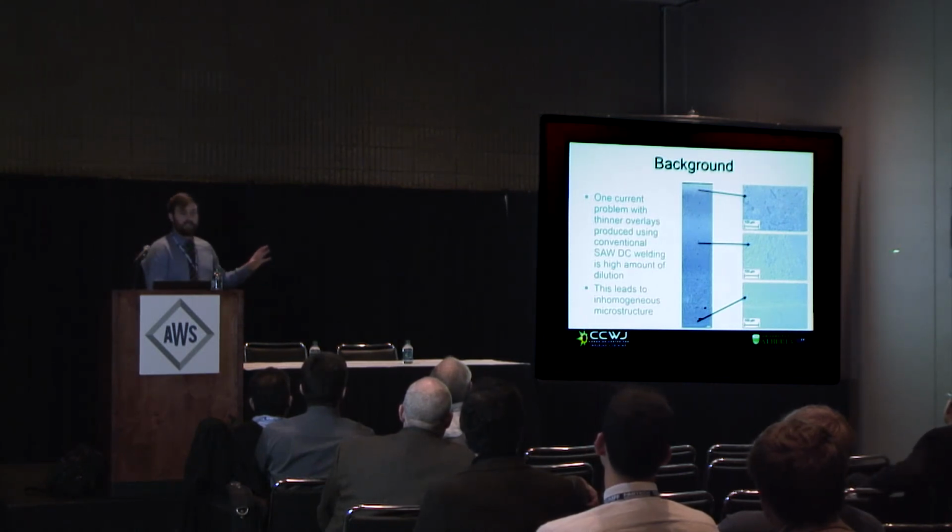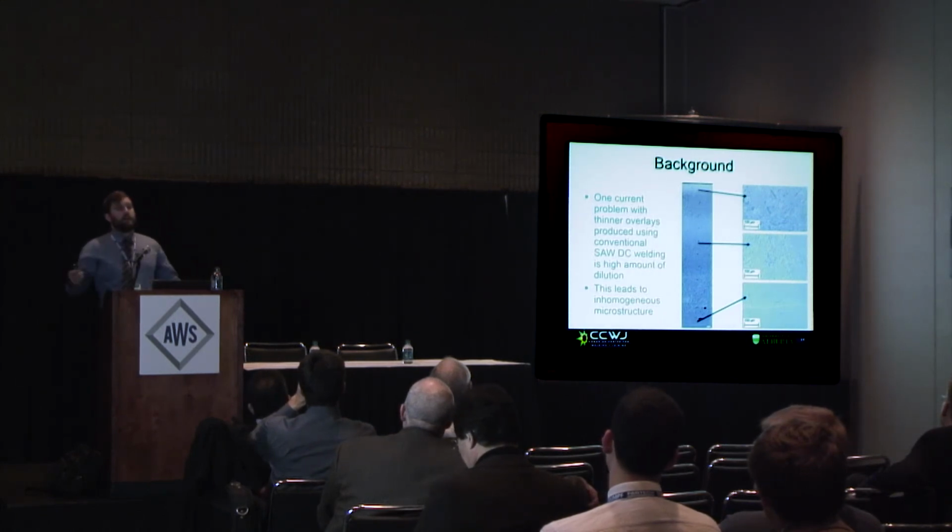We were getting all three of the different microstructures throughout the width: hypereutectic at the top, eutectic, and then hypo. You can see the primary austenite in the bottom one and the large primary M7C3s in the top.